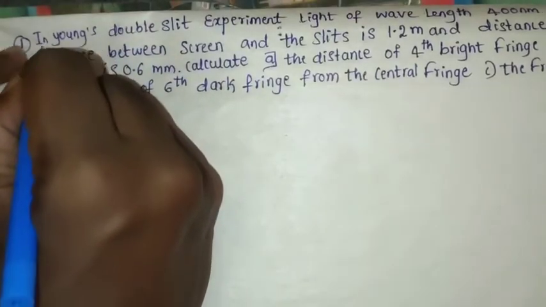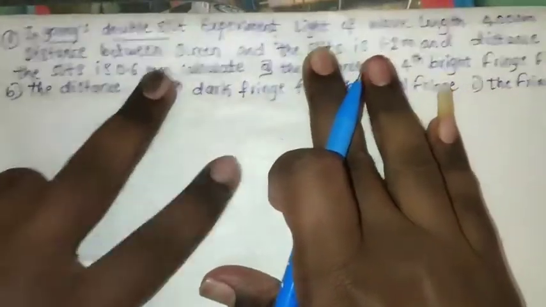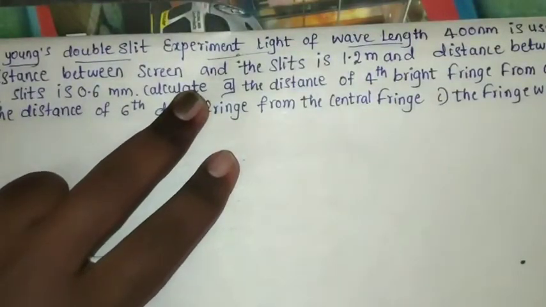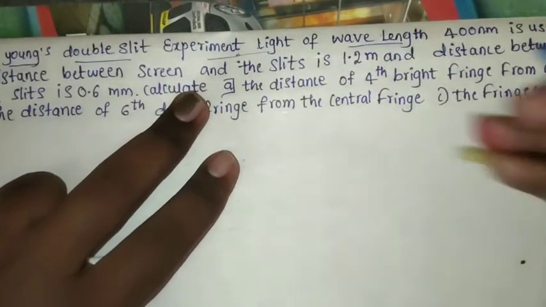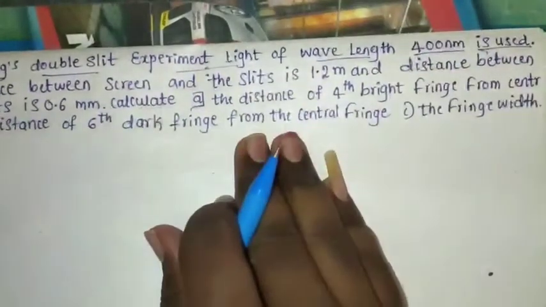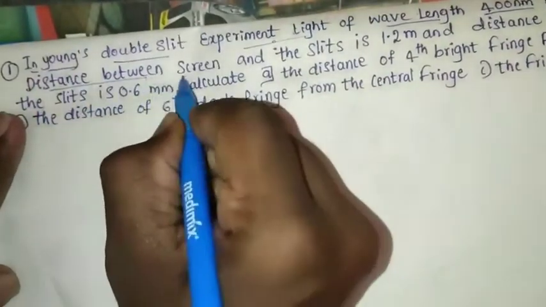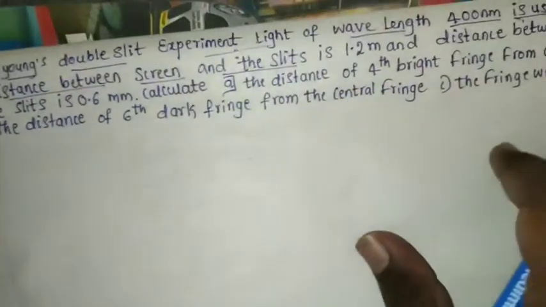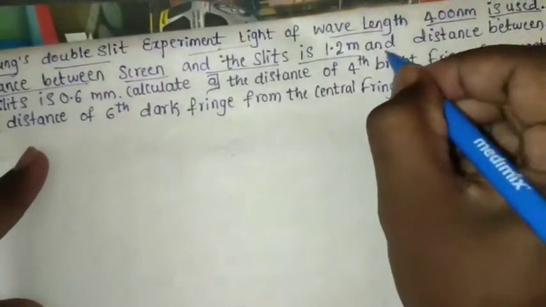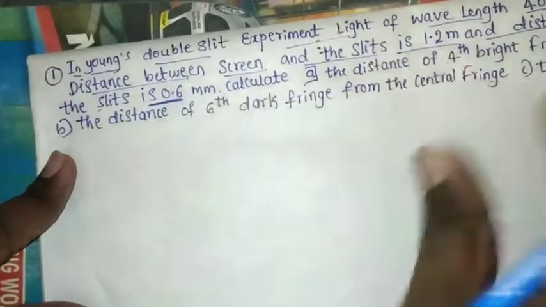The question given is, in Young's double slit experiment, a light of wavelength lambda 400 nanometer is used. The distance between screen and slits is 1.2 meter, and the distance between the slits is 0.6 millimeter.